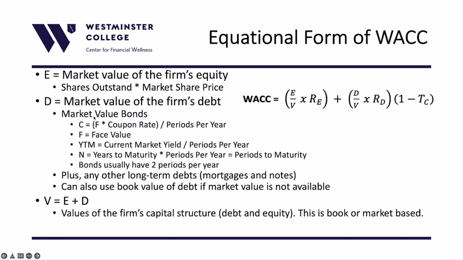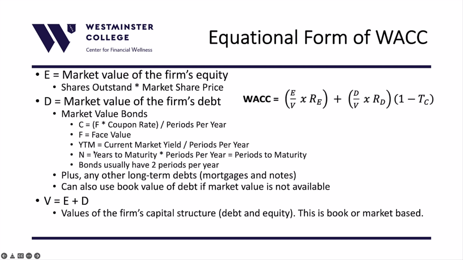So this is using the market value of bonds equation, also known as the time value of money, which we've gone through already. The components of market value of bonds: C is the coupon rate, so this is the coupon rate times the face value of the bond divided by the periods per year. F is your face value, which in this course is usually $1,000.